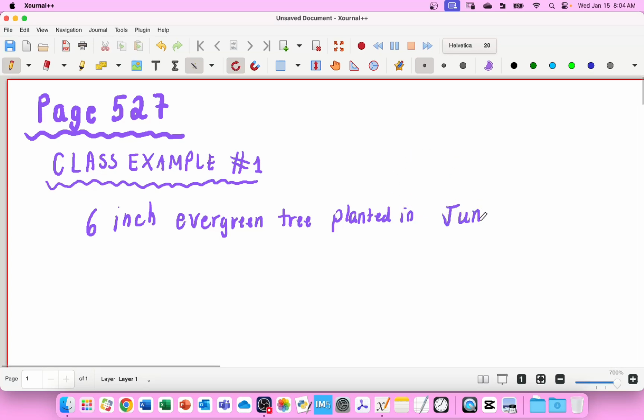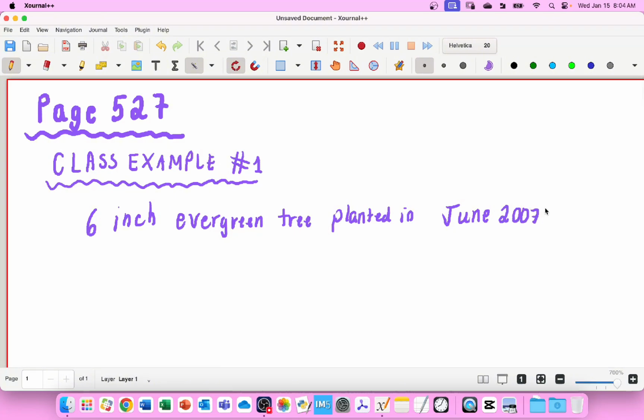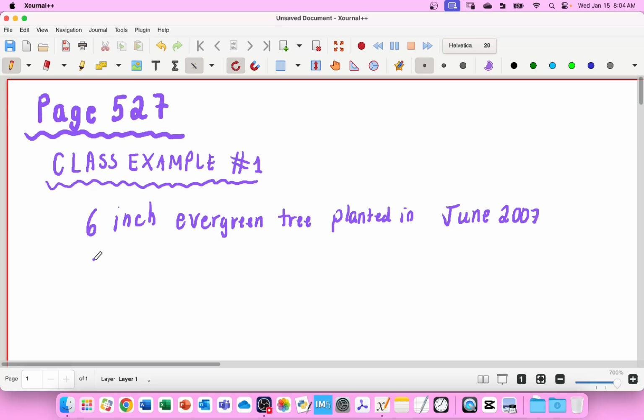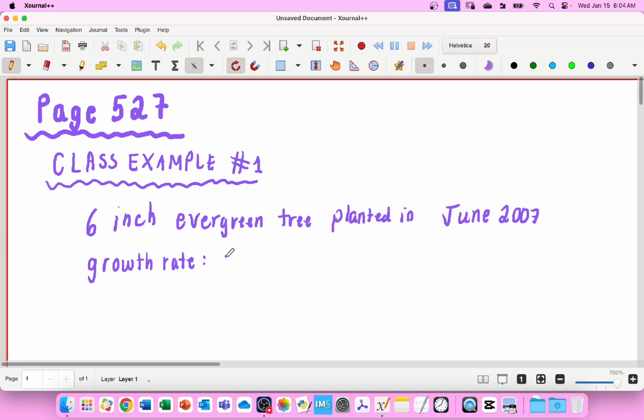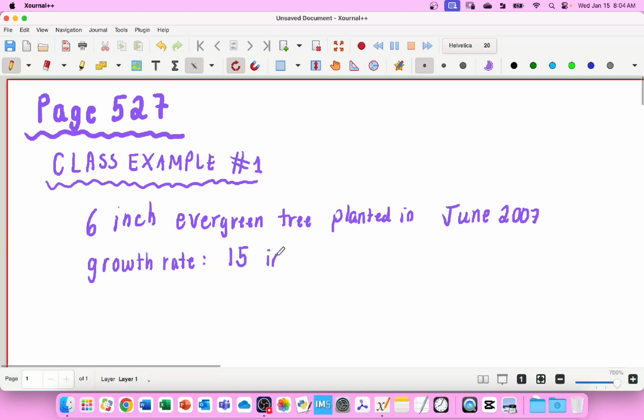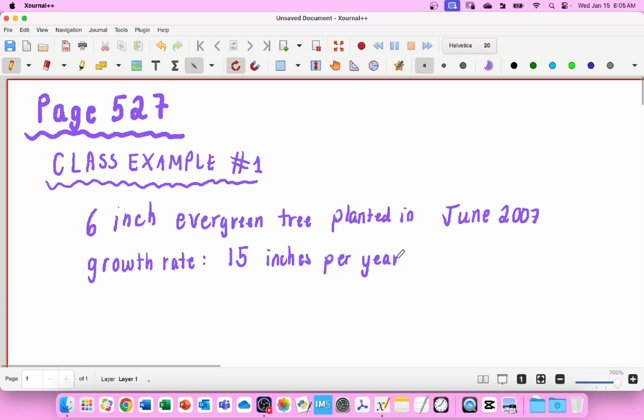Okay, June 2007. And it has a growth rate of 15 inches per year. All right.